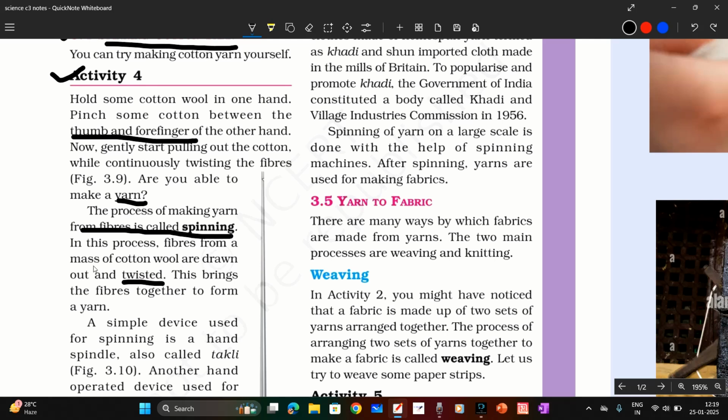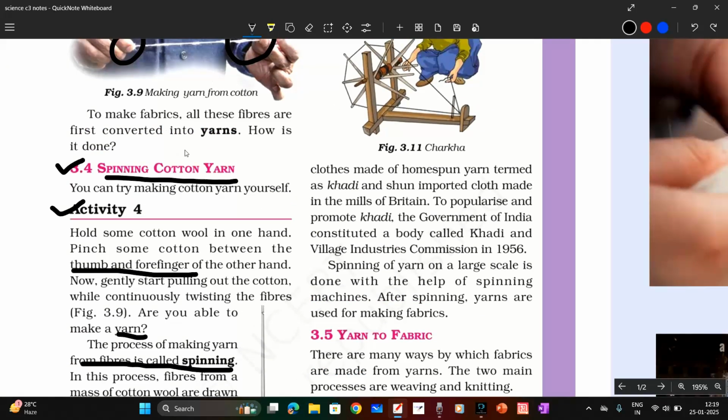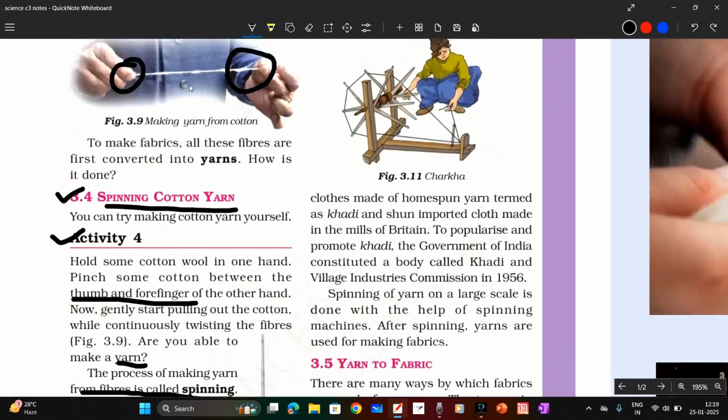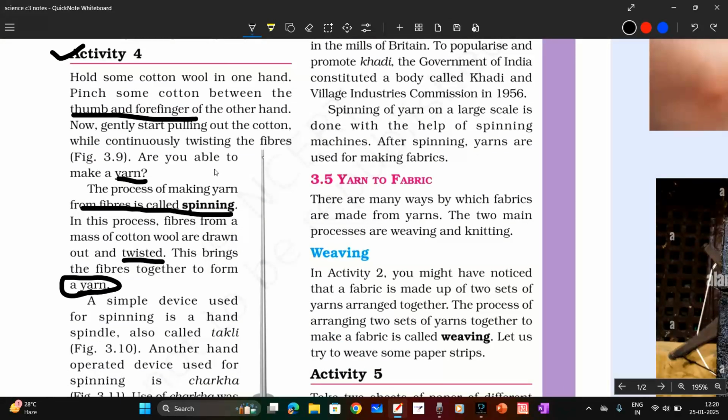Here, the fibres from the mass of cotton wool are drawn out continuously and twisted. This brings the fibres together to form a yarn. By pulling continuous cotton with the hands and twisting it, the fibres are made into yarn.